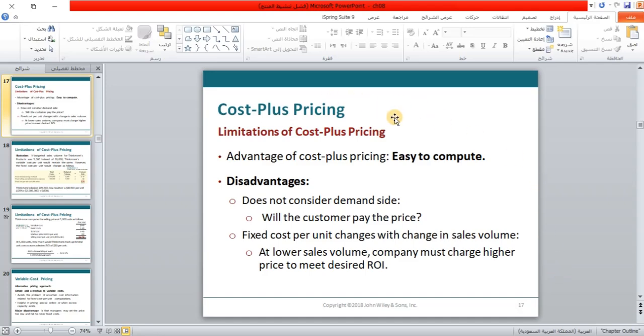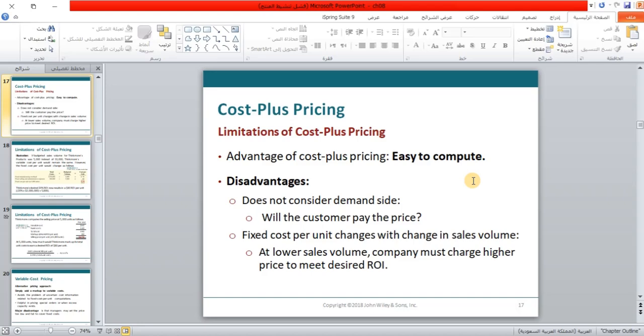Cost plus pricing. The previous method to determine price has limitations of cost plus. The advantage of cost plus pricing: it is easy to compute. We compute the total cost and then add target profit, target return on investment.